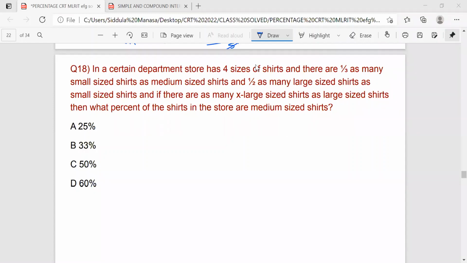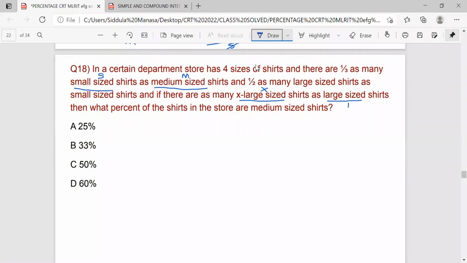Here we have 4 sizes. First one is small sized shirts. How many small sized shirts? We don't know, we'll say S. How many medium sized shirts? We don't know, we'll treat it as M. How many extra large sized shirts? We'll treat it as X. And how many large sized shirts?